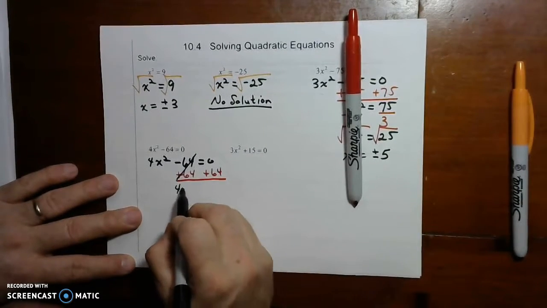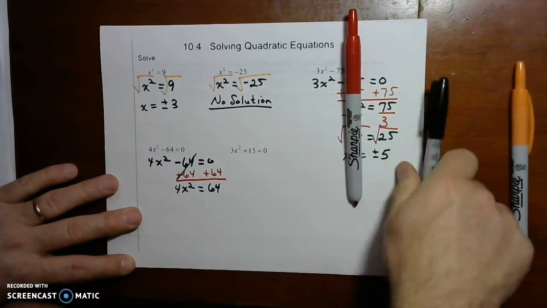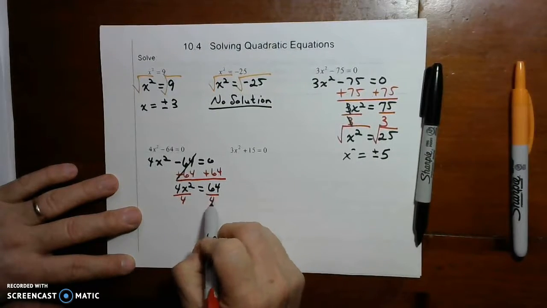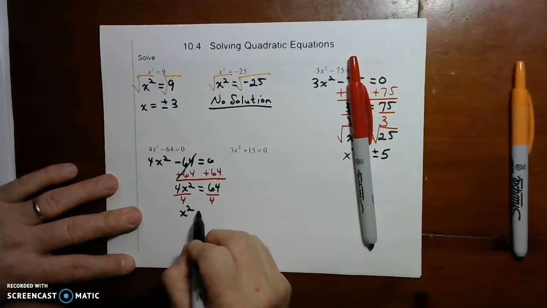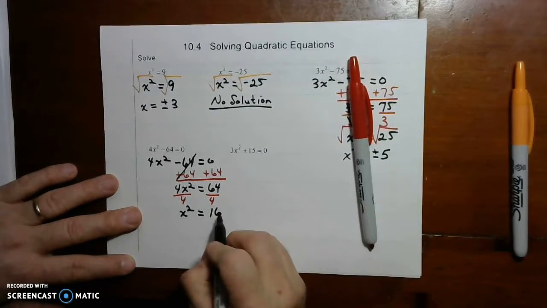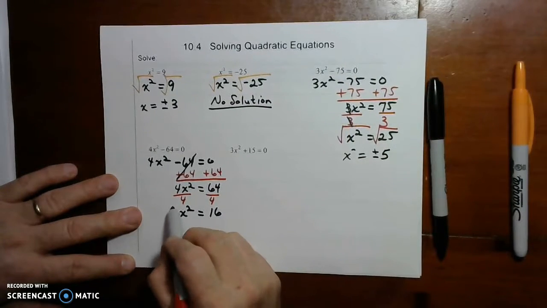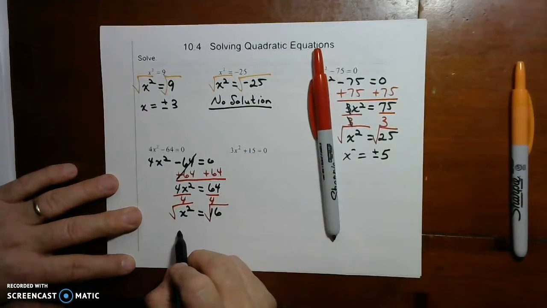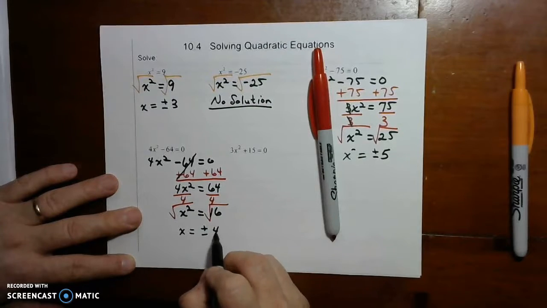That leaves me with 4x squared equals 64. And I'll divide by 4 again, leaving me with x squared equals 16. Now I'm going to take the square root of both sides, leaving me with the result of x equals positive or negative 4.